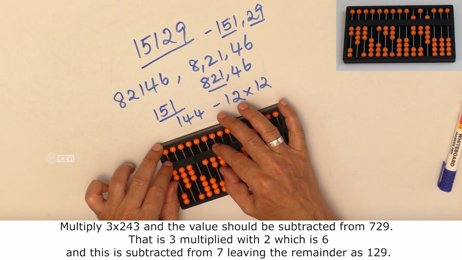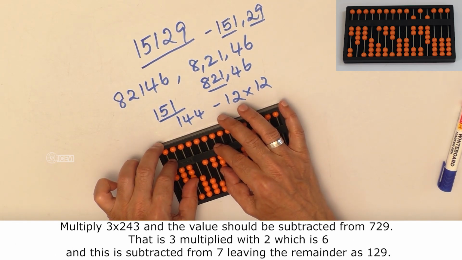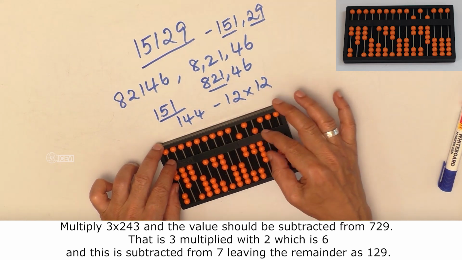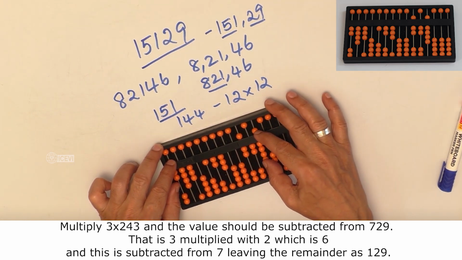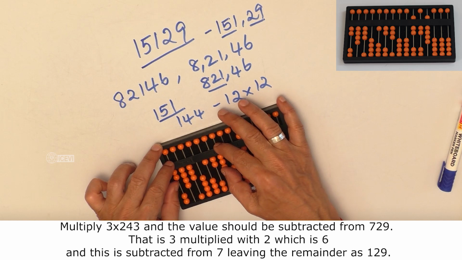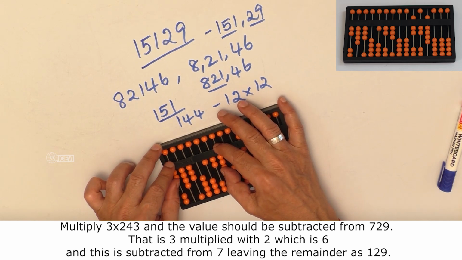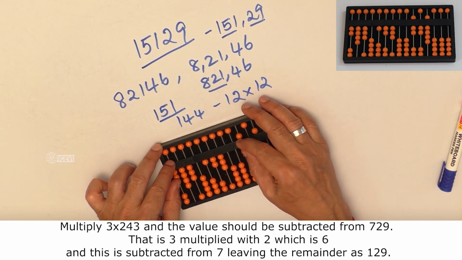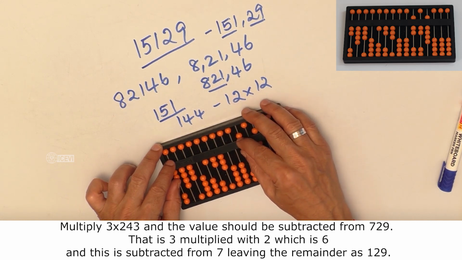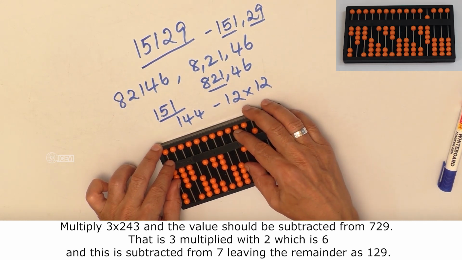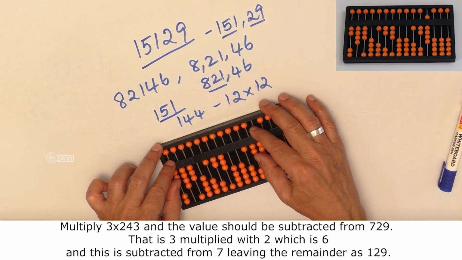Now multiply 3 with 243 and the value should be subtracted from 729. That is 3 multiplied with 2, which is 6, and this is subtracted from 7 and the remainder is 129.